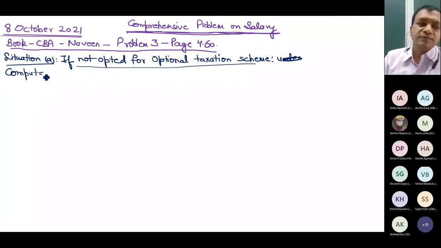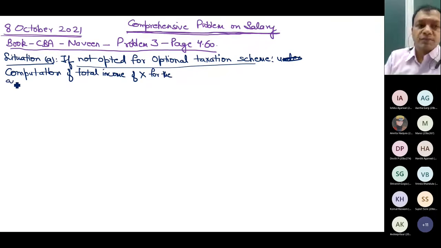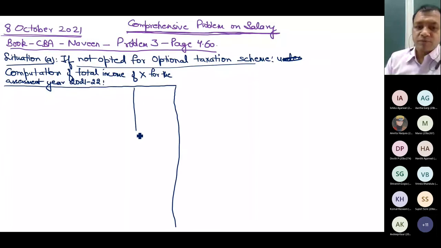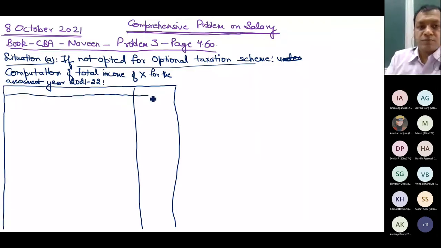Computation of total income of X for the assessment year 21-22. Now let us start solving it.